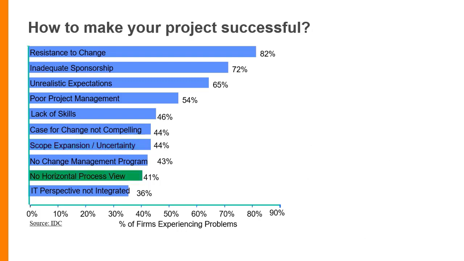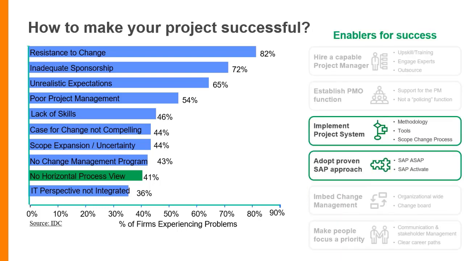Also, no horizontal process view. Well, again, here we want to focus on the enablers: implement project system as well as the methodology, because these will bring clarity.